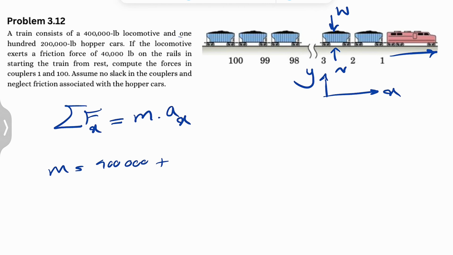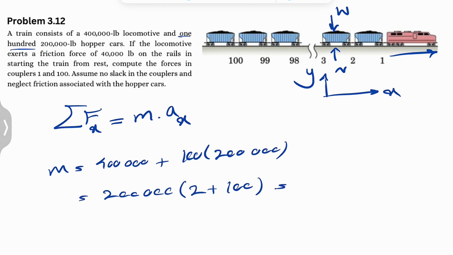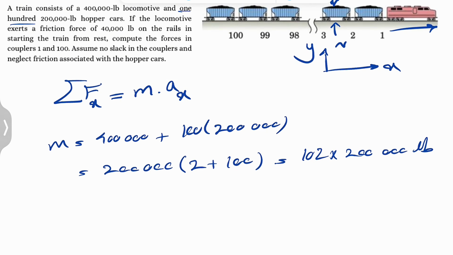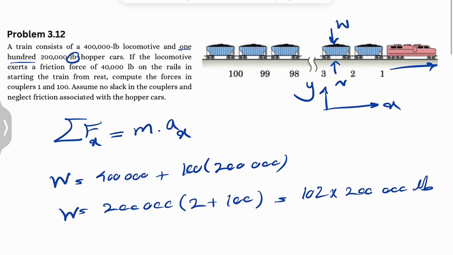So the mass that we have is going to be the 400,000 plus 100 of 200,000 pounds, so we can factor 200,000 from each of these. The first one, we're going to get 2, and the second one 100. So basically this is going to be 102 times 200,000 pounds, and that's obviously the weight. I don't know if I put mass in here, but this is actually the weight because the unit is in pounds.